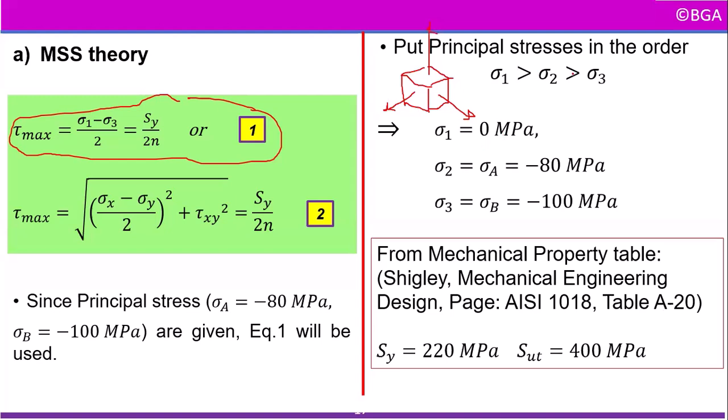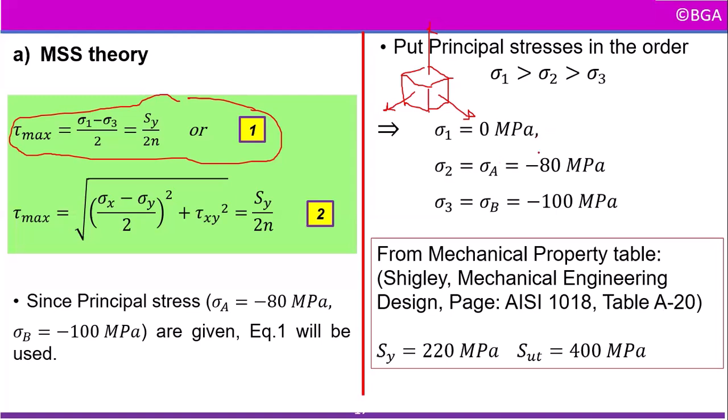Putting things in this order, because the rest of the principal stresses are negative, the maximum principal stress by default is going to be 0 megapascal, sigma 2 is negative 80 megapascal, and sigma 3 is negative 100 megapascal, meaning sigma 1 is greater than sigma 2, and sigma 2 is greater than sigma 3.